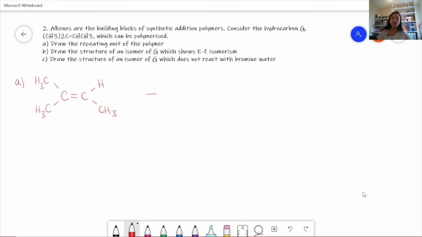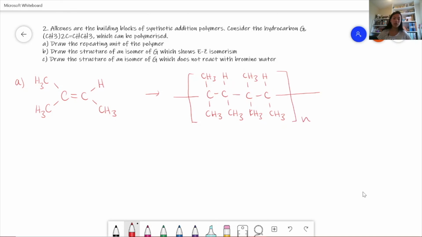And so if this was to form a polymer, what we would get would be carbons, and then we'd have a methyl and another methyl and a hydrogen and a methyl, and then this would repeat, so we're adding 2 of these alkene molecules together. And so this is what we would get if we were to add 2 of them together, the polymer.